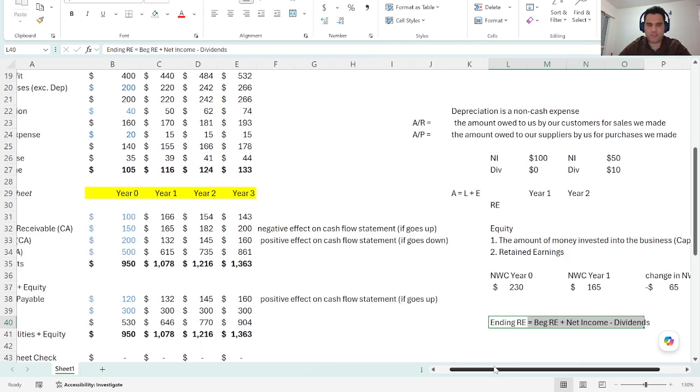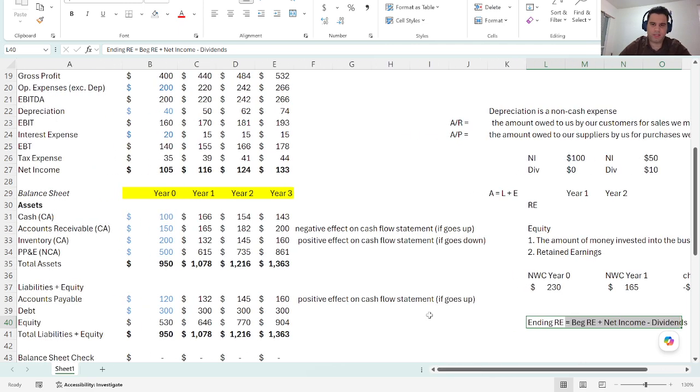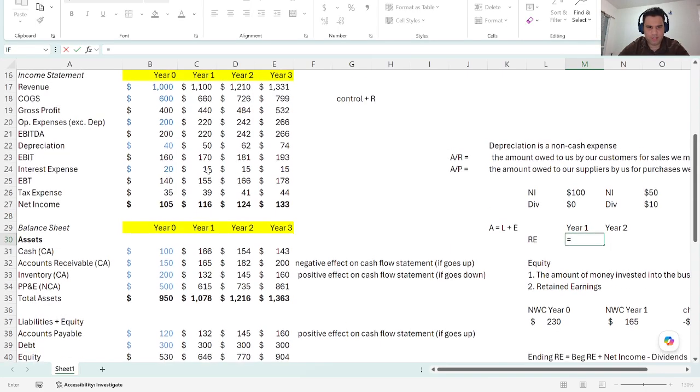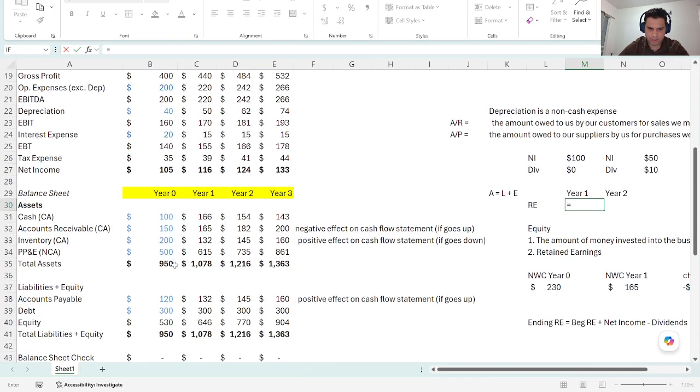So if we assume for a second that all our equity is retained earnings, let's calculate the retained earnings for year 1. It's going to be the beginning retained earnings, which is 530, plus net income minus dividends, which is 0.